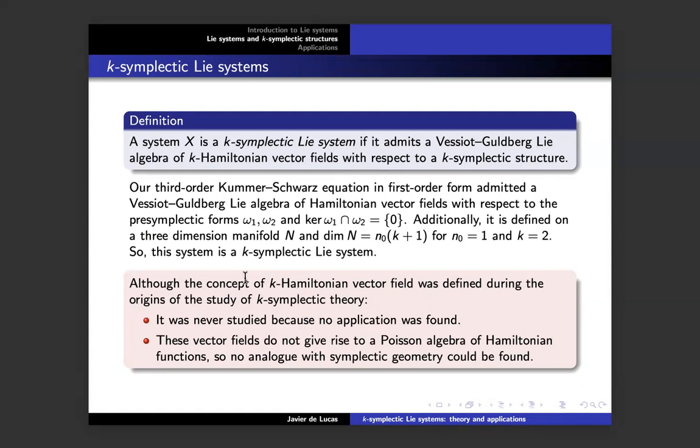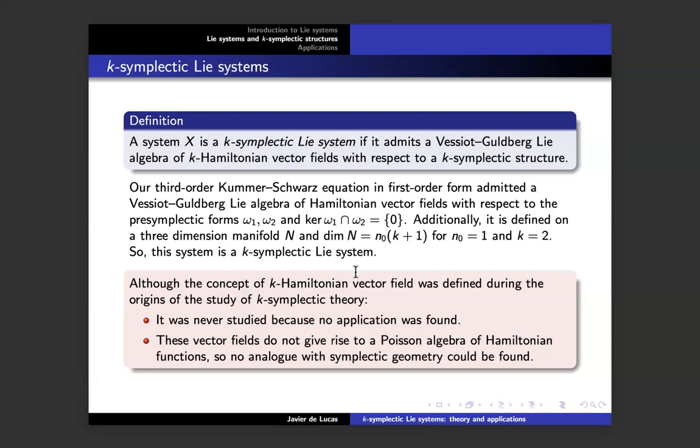And in that case, everything was right with the dimension that it had to be fixed, because in the Kummer-Schwarz equation the manifold is three-dimensional. The k is equal to 2 because we had two symplectic forms. So we have 2 plus 1, 3 times 1 is equal to 3. That is the dimension of the manifold we were studying.